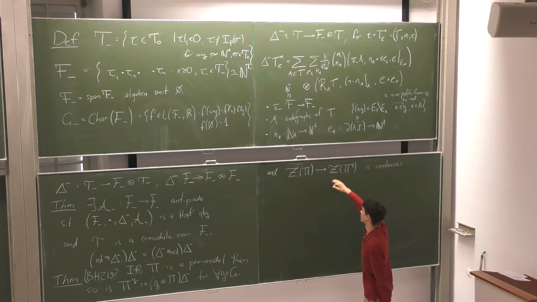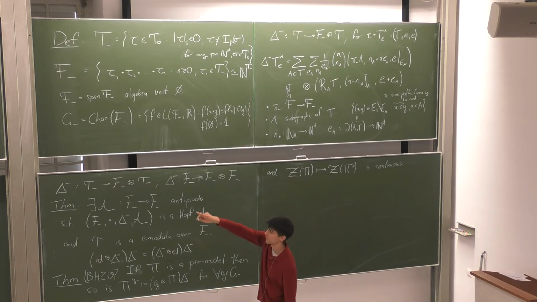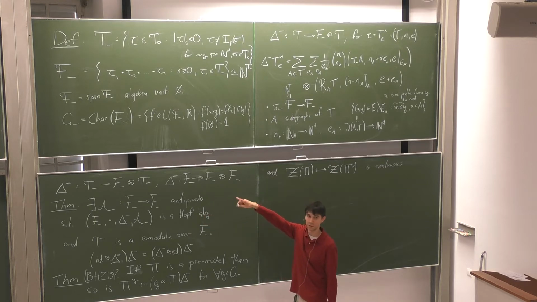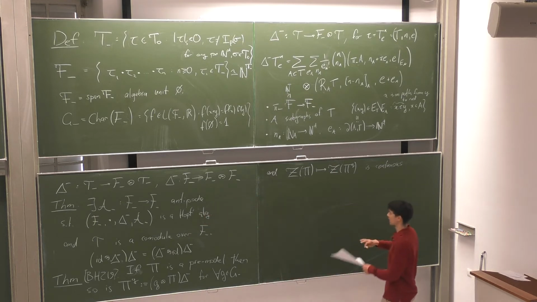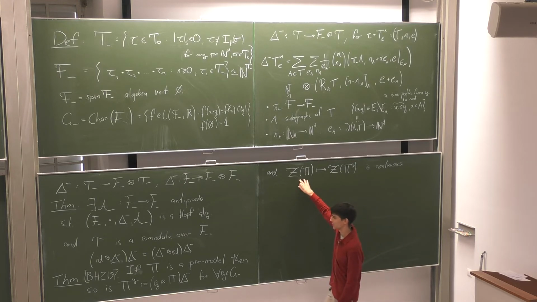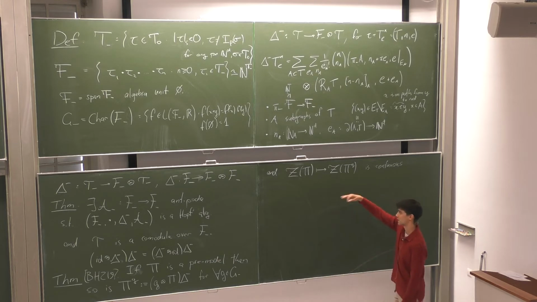It's not difficult to convince yourself that the information you have about capital pi is the same information that you have about the pi x together with the characters. So this model completely recovers capital pi and vice versa, so it is a bijective map.